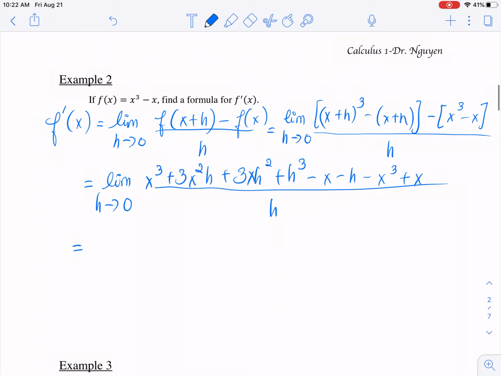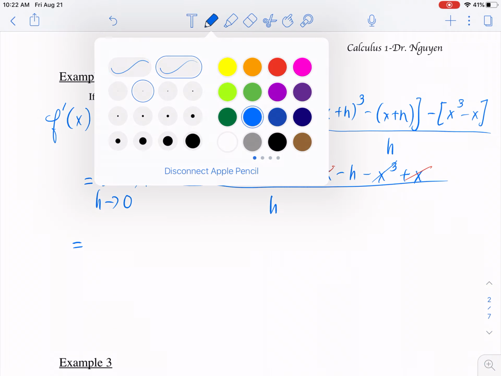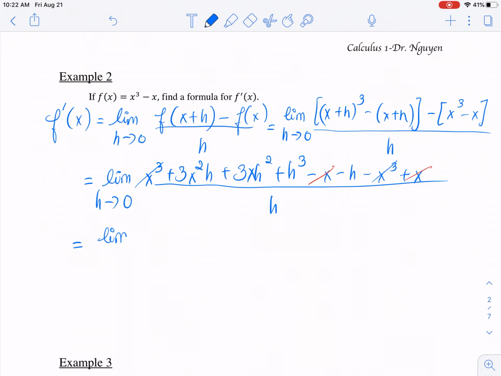All right, so let's cancel things out. We ended up with the limit as h approaches 0 of 3x squared h plus 3x h squared plus h cubed minus h, everything over h.